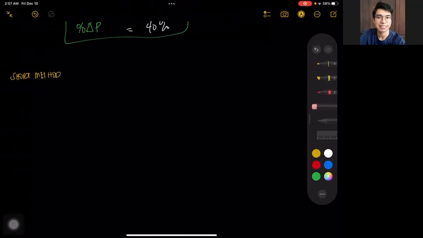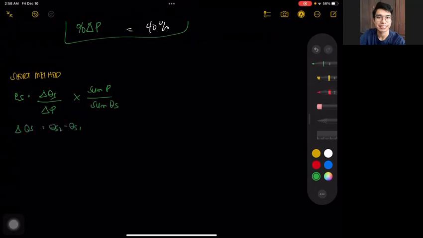So para makuha natin yung short method, elasticity of supply is equal to the change of QS divided by the change of price times the sum of price divided by the sum of QS. Paano natin siya makukuha? The change of QS is equal to QS2 minus QS1.